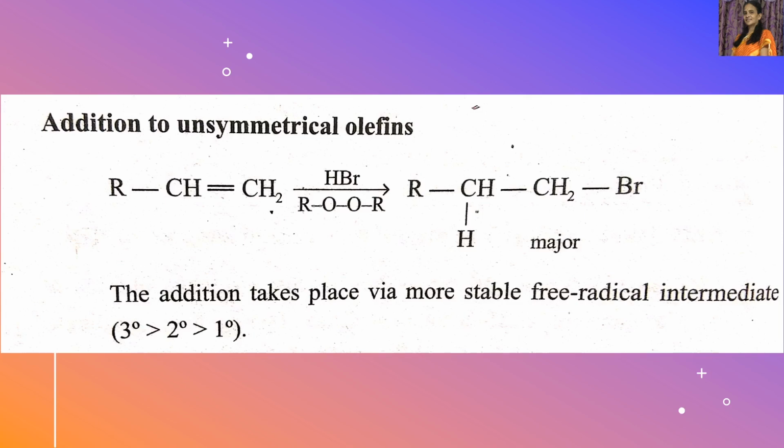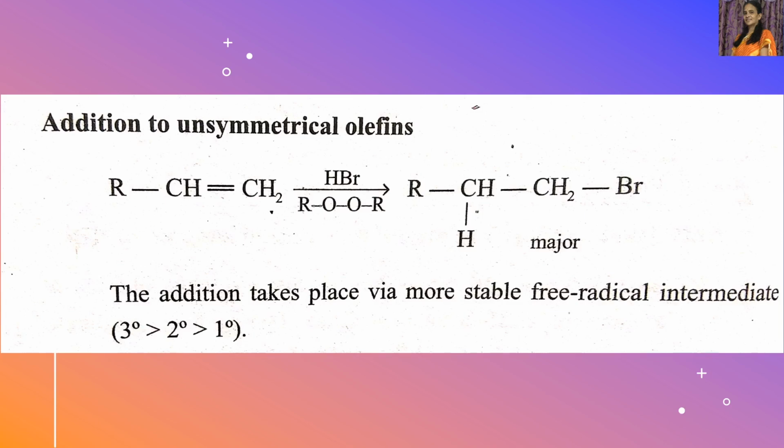Whereas in the case of Markovnikov's rule, we said that the negative part goes to the carbon containing less number of hydrogens. But here, in presence of peroxide, as it is a free radical mechanism, the bromine free radical goes to the carbon containing more number of hydrogens. Okay.